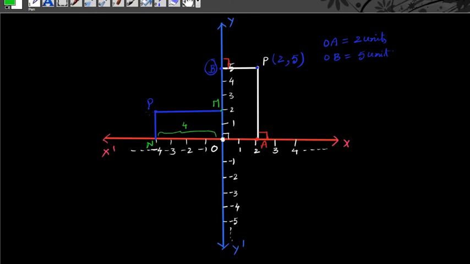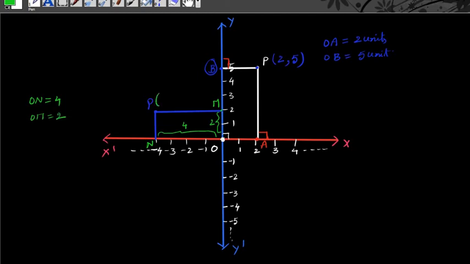Okay. So the distance from the origin on the y-axis is how many units? 2 units. So on the x-axis the distance is 4 units. On the y-axis the distance is OM. How much? That is 2 units.